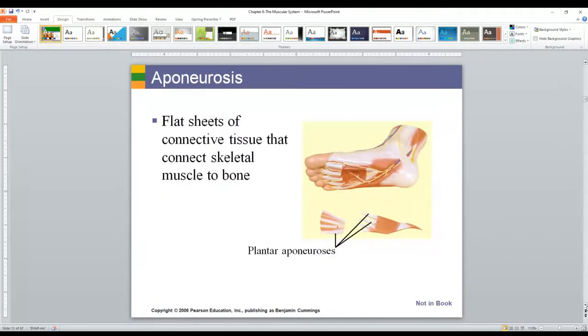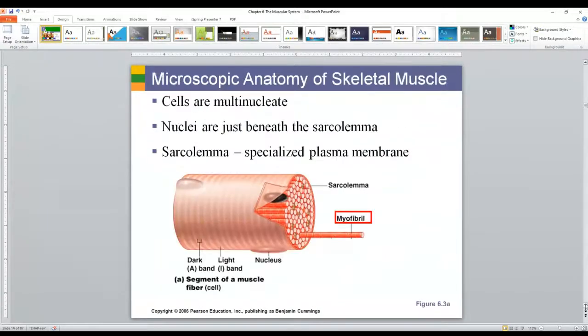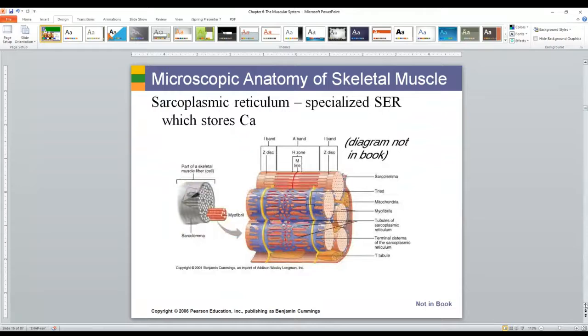Then we focused on the microscopic anatomy of a skeletal muscle fiber. We talked about the myofibrils, the sarcoplasmic reticulum, and although the focus of lecture is not anatomy, it's important to understand the anatomy to understand the physiology.